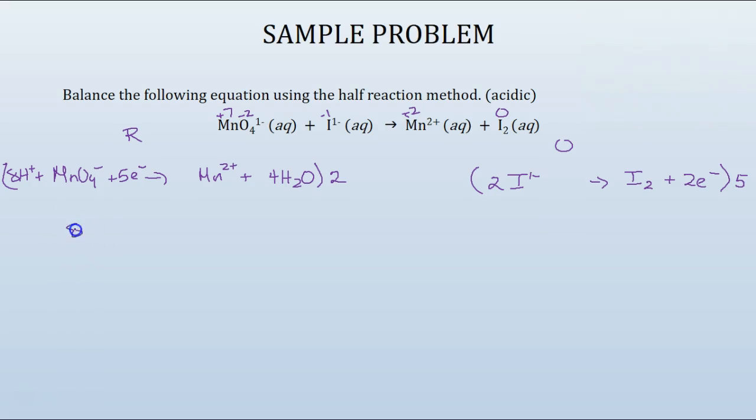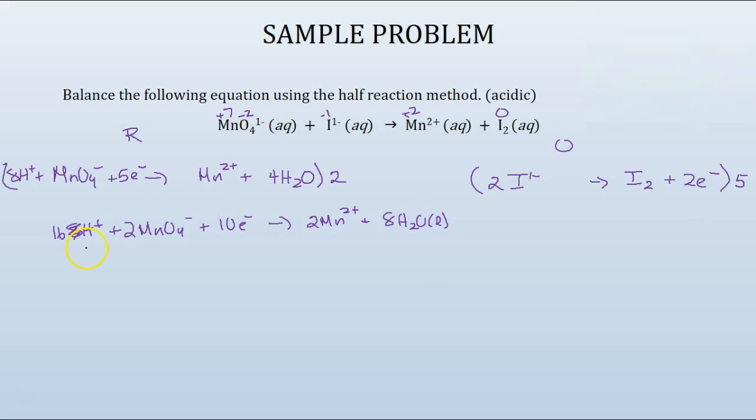So when we do that, we get 16H+, 2MnO4-, plus 10 electrons yields 2Mn2+, 8 water molecules.